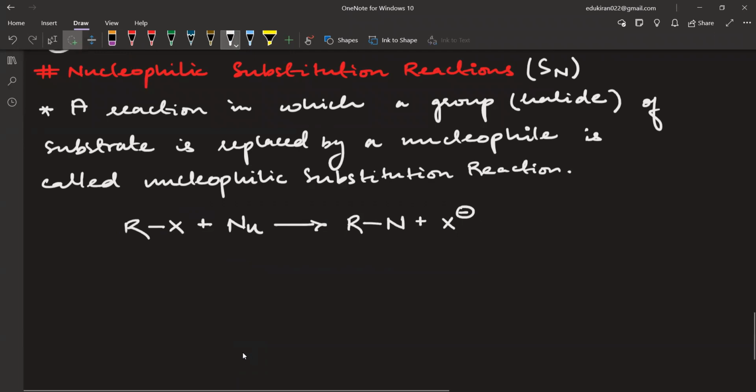So the specifics you have to remember for this type of reaction is the bond broken. The C-X bond is always broken, and the C-nucleophile bond is formed. Write this information also.